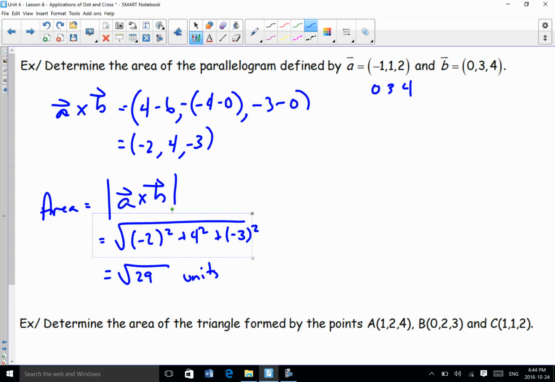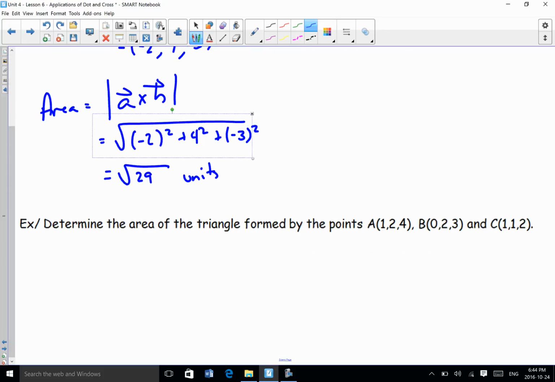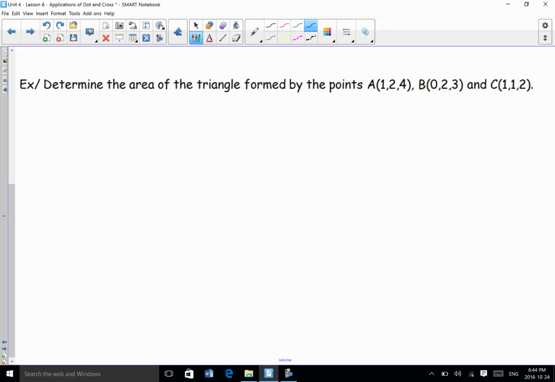And we just have units because it's three-dimensional, we don't know what's being measured in. And we can do the same thing for a triangle, except remember our area formula would be A cross B divided by 2.